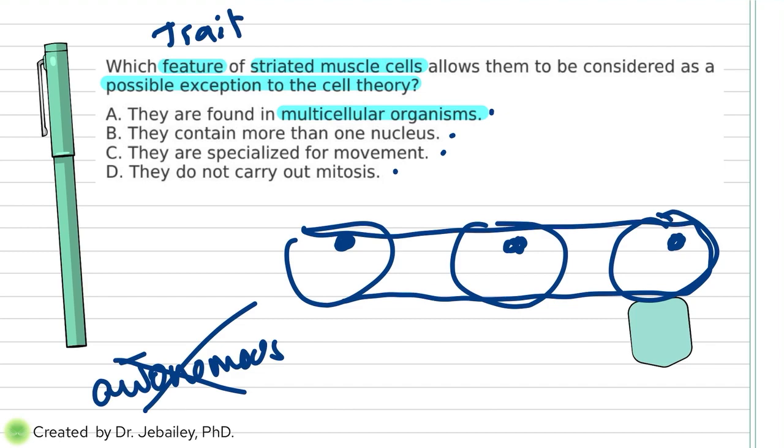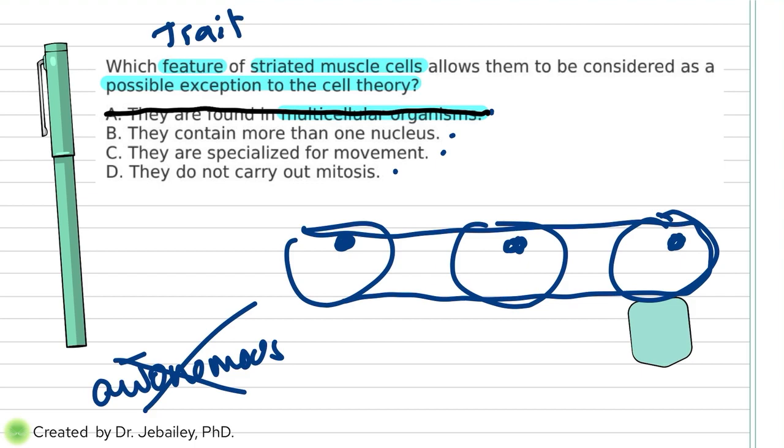We humans are made of trillions of cells, so we are multicellular. Are you telling me that a muscle is an exception to cell theory because it's found in a body of a bunch of cells? Well, if the muscle is like this, then the heart is too, the lung cells are too, the bone cells are too. No, that makes no sense. All of the cells are inside of us. So that's your first one to reject. You're already going to reject A because it makes no sense.